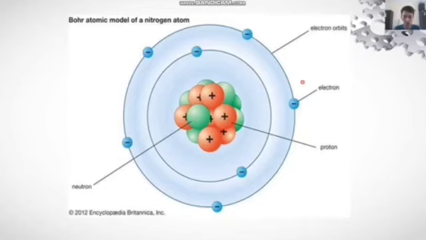If it moves to a lower path, the electron will radiate energy. The positions of electrons at certain energy levels are called electron shells. Atoms are composed of protons, neutrons and electrons. Protons and neutrons make up the atomic nucleus, while electrons move around the atomic nucleus.